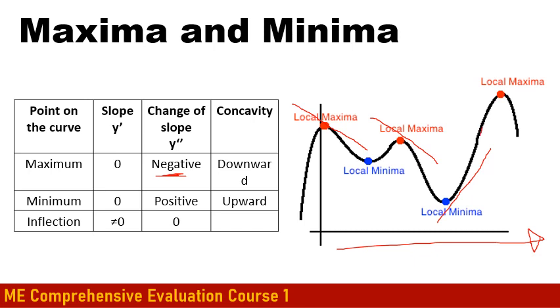For the minima, the concavity is upward, as you can see. So all of the minima have an upward concavity. If you have those values, you can actually trace a given curve and predict its behavior.